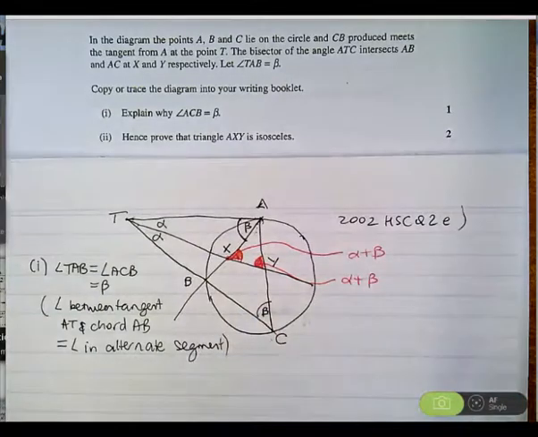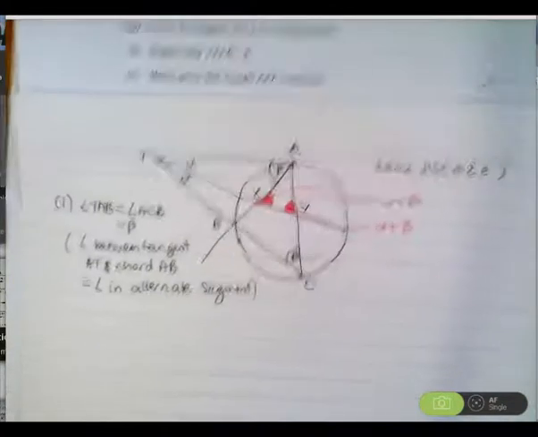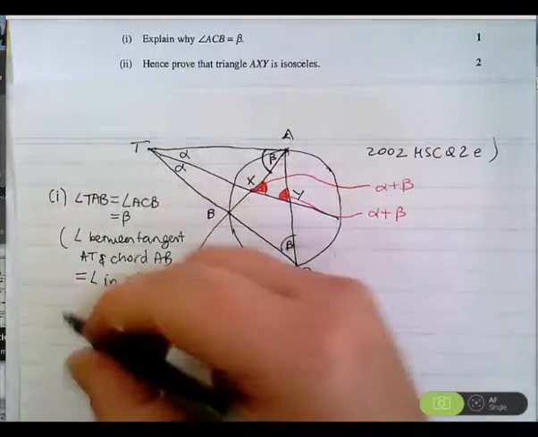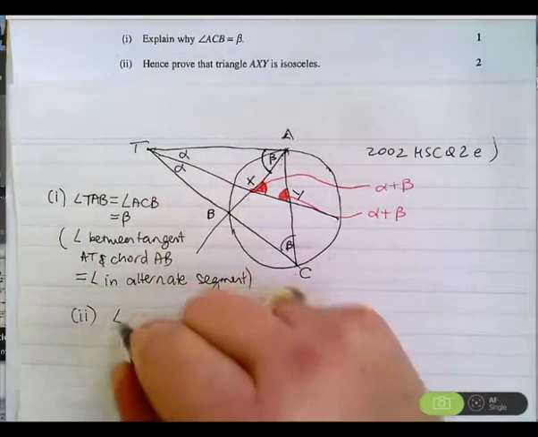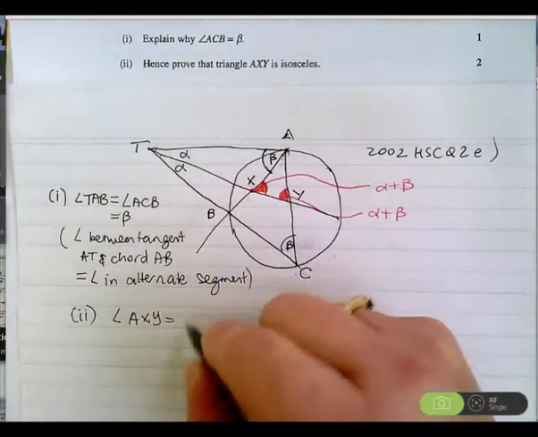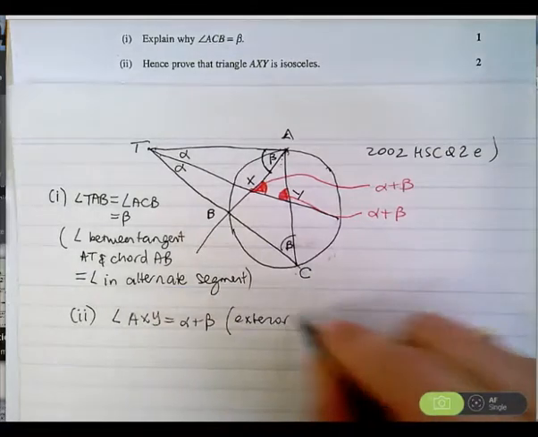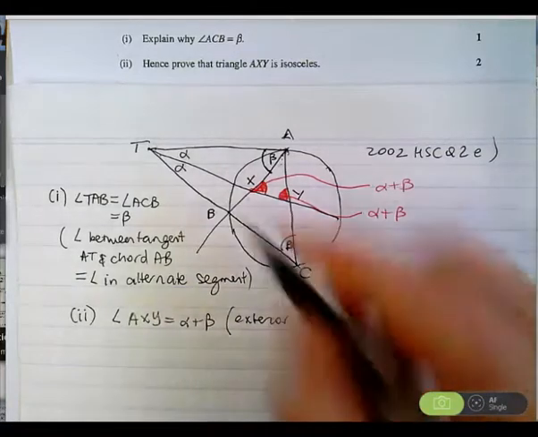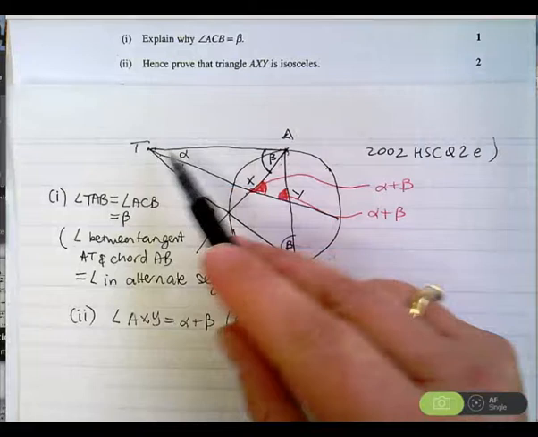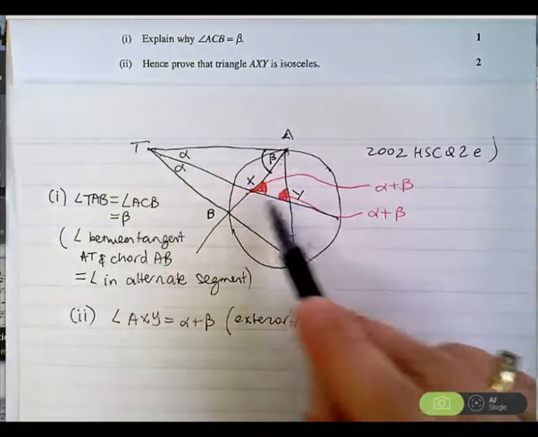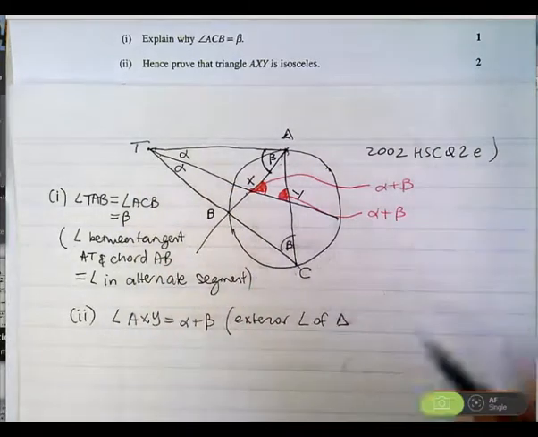So let's start part 2. So we've got part 2, that angle AXY equals alpha plus beta, reason. Exterior angle of triangle, now it's the exterior angle of triangle TAX because we've extended one of the sides of TAX.